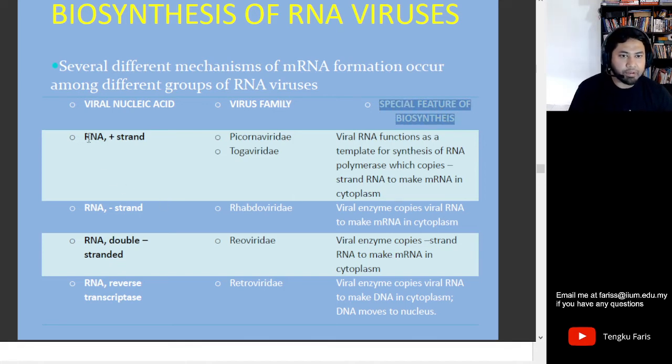I take the example of the RNA viruses with the positive sense strand, for example, Togaviridae. What are the special features?